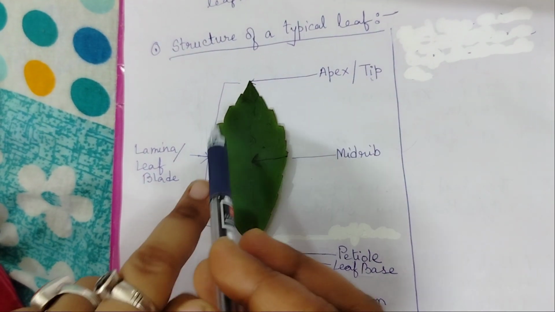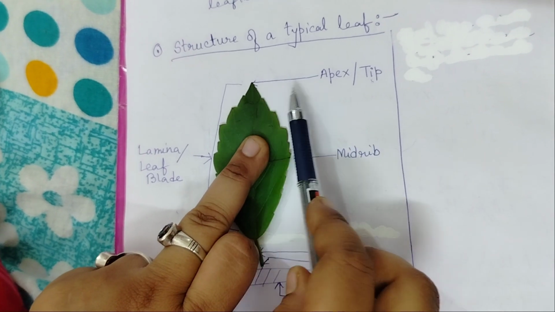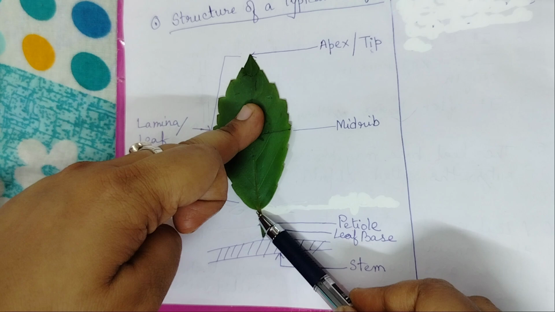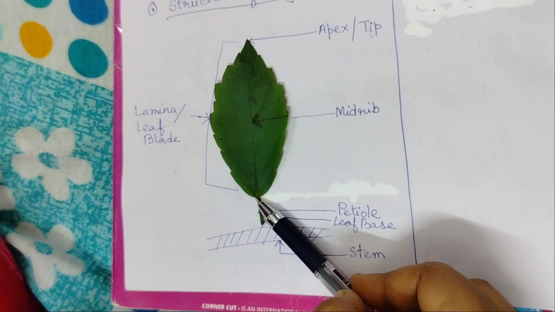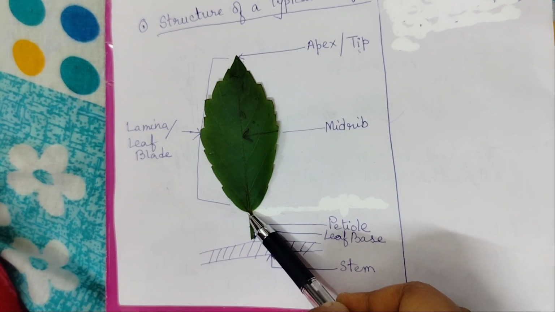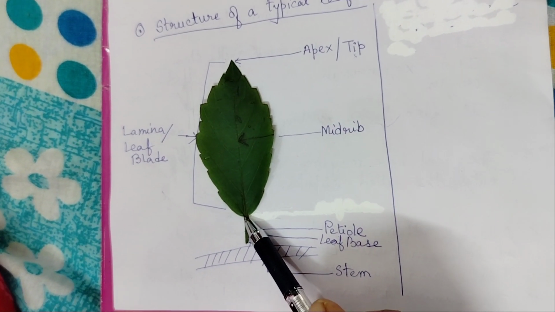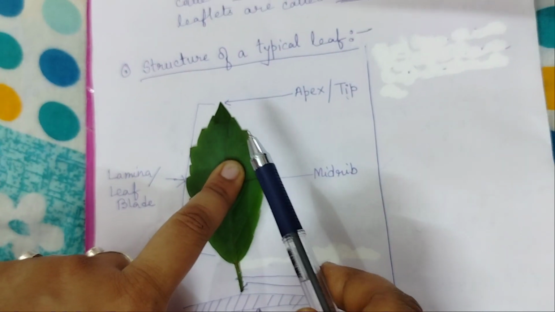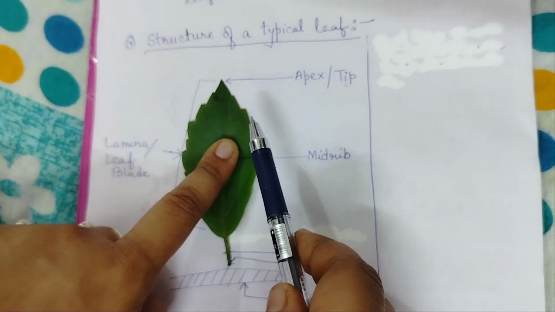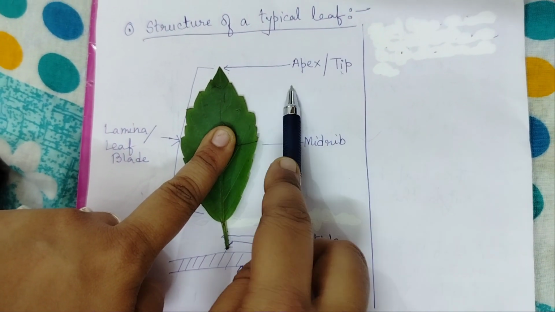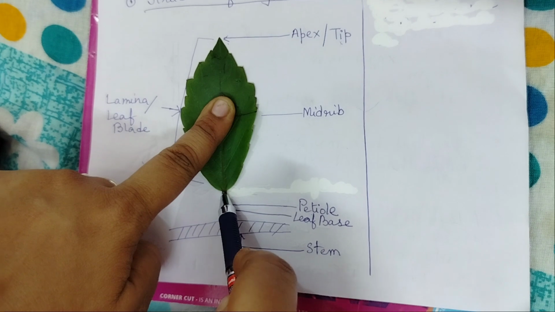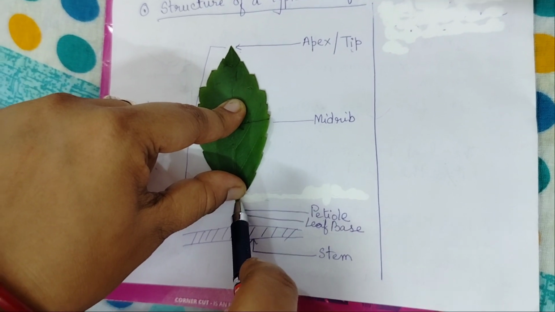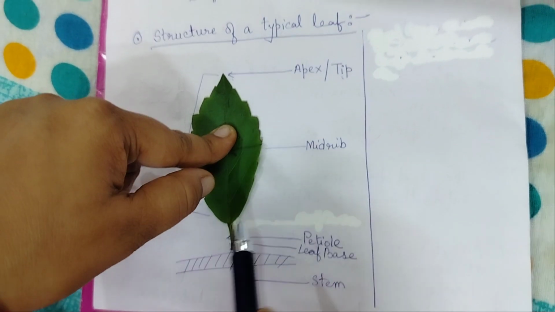Lamina consists of apex, midrib and the base of the leaf. This is the base of the leaf. This point is known as base of the leaf. So these three portions are the part of lamina: apex, midrib, and this portion which is attached with the petiole, which is known as base of the leaf.